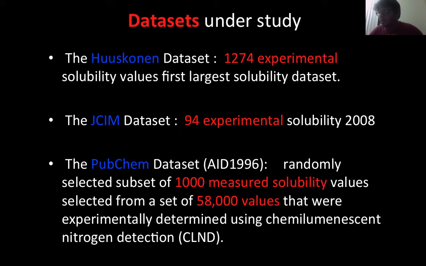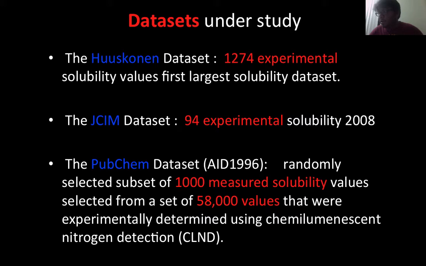Huskonen dataset consists of 1,297 experimental solubility values, that's the log S values, and the data is extracted from the AquaSol database from the Yalkowsky group, and the other one, the JCIM, consists of 94 experimental solubility values that were published in a kind of blind challenge in 2008.